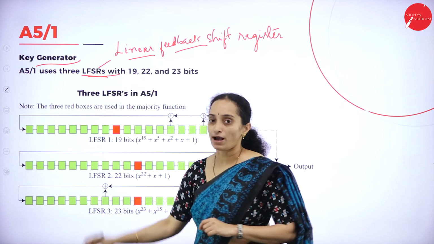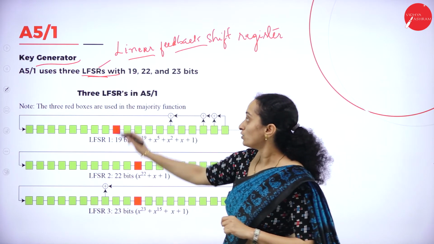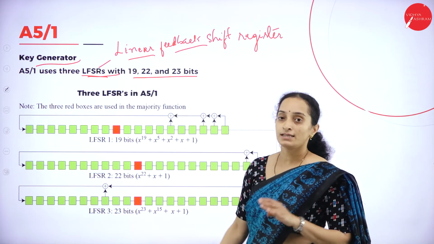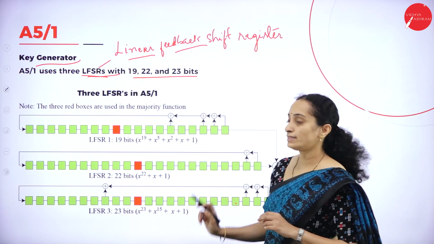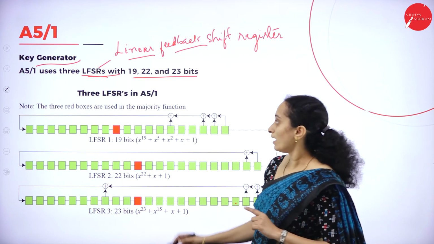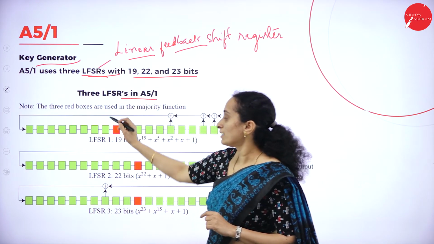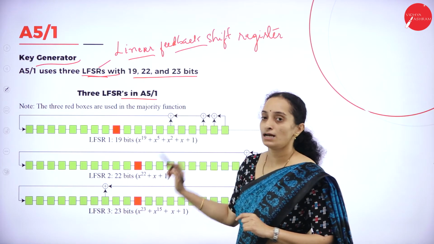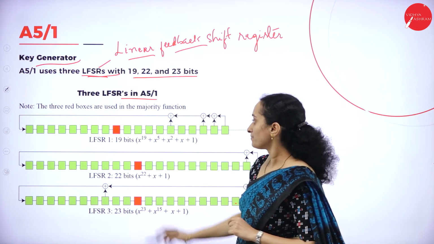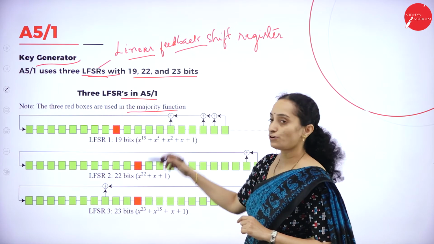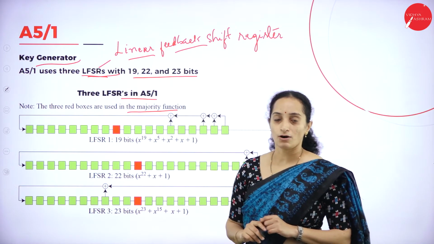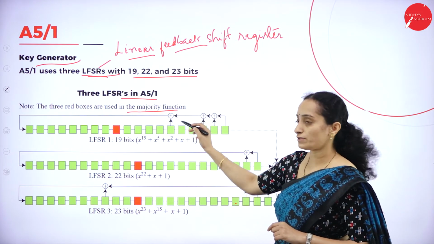So the A5/1 ciphering method uses 3 LFSRs with 19, 22 and 23 bits. Now we use the 3 boxes, where the correlational algebraic sequences are used in most of the functions. They use the XORing operation with each of the registers.